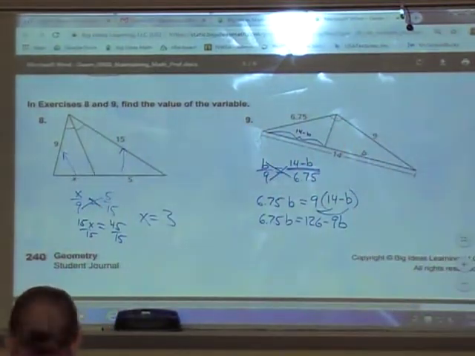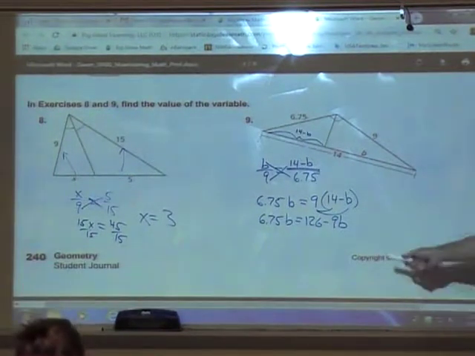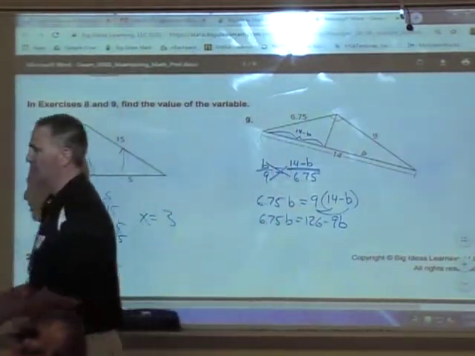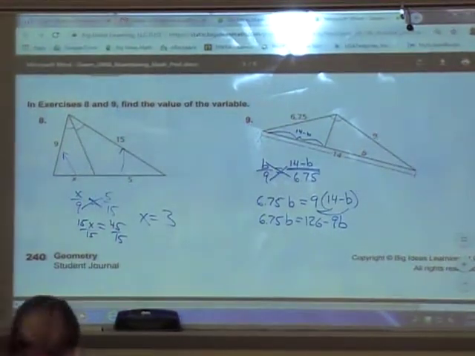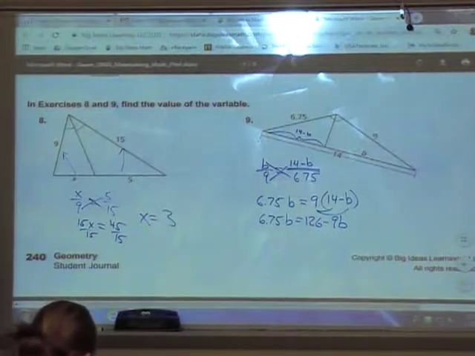Okay, solve that, please. Solve the rest of this, please. Make sure your B's don't look like your 6's. I've had students change them in the middle of the problem and it messes everything up.